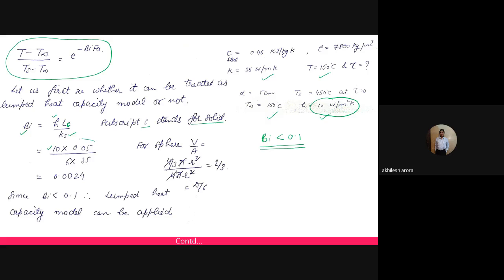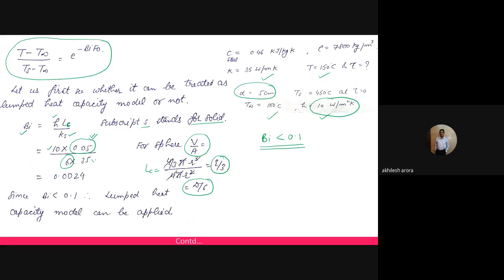Now characteristic length. It is a spherical ball, and for a sphere, the value of the characteristic length Lc is given by R divided by 3, and it is also equal to D by 6. The diameter is already known to us. It is written here, diameter is 5 centimeter. So in meters, the value comes out to be 0.05, and here we have divided by 6.